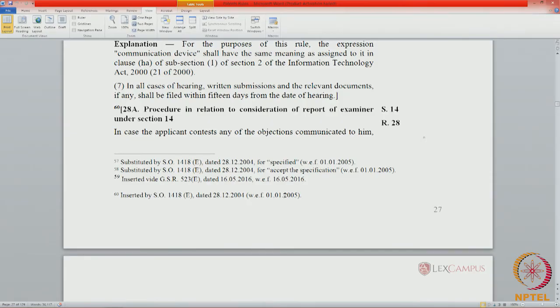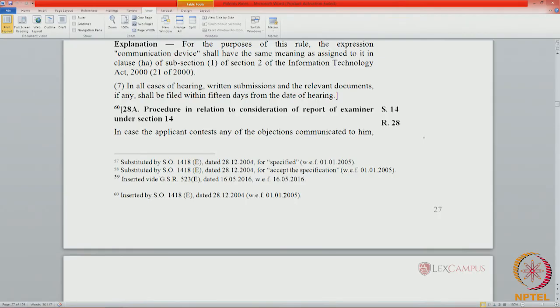The examiner could also say, for instance, if the best method is not disclosed, which is a requirement under section 10, the examiner can say that there can be an appropriate amendment to introduce the best method. This is one thing which the examiner can say. So, that is why we find in the language of section 14 that if the controller finds the report of the examiner to be adverse to the applicant, or it requires an amendment of the application.